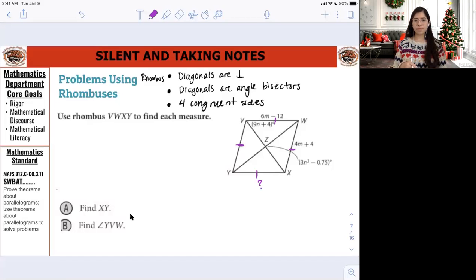Wait, is that 3n squared minus 0.75 for z? That's for angle z, that angle right here. But right now I'm talking about sides because I'm doing part A, trying to find xy. So I'm talking about the side lengths. If we get VW, we can get YX because they're all the same. But I don't know any of them yet. So what's an equation that I can set up?